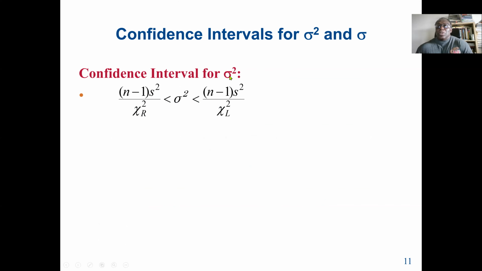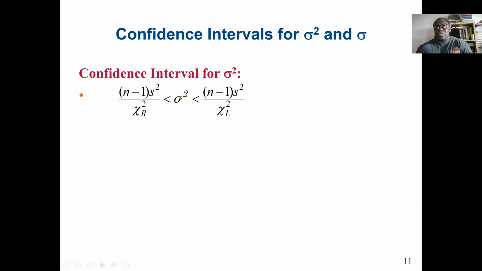Here we are using the population variance to be (n minus 1) s squared over chi-square right, and (n minus 1) s squared over chi-square left.